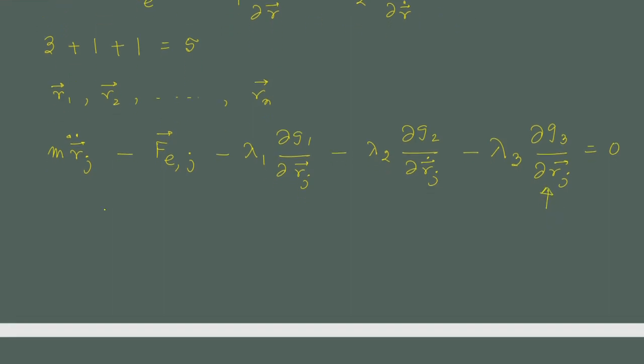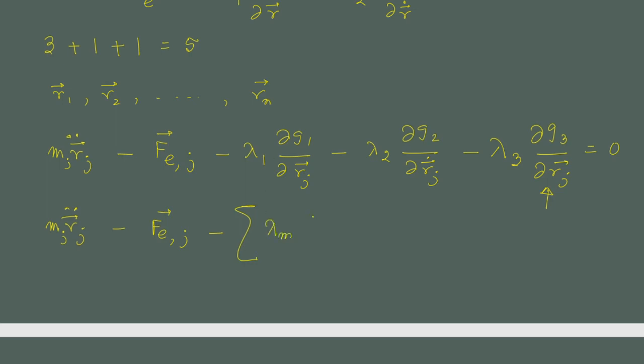So in general, if we have many constraint relations, say k1 number of holonomic constraints and k2 number of non-holonomic constraints, we can write it in this form: mass times acceleration of the jth particle. I am assuming all particles are of equal mass, but if we have particles of different mass, we may have to add mj for the jth particle, and then one undetermined multiplier for each type of constraint.